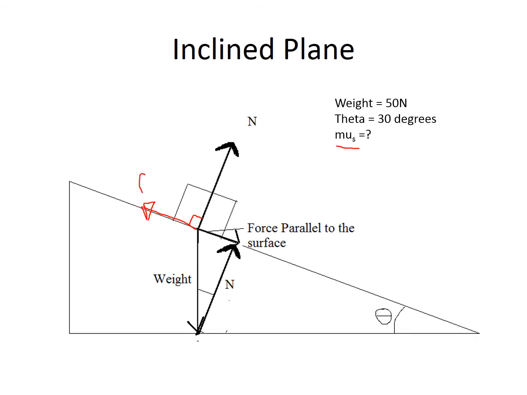So this guy here is Fs max. It needs to be at least this big. So if we can find the magnitude of the normal force and the magnitude of the force parallel to the surface, it should be straightforward to calculate the value of mu sub s.